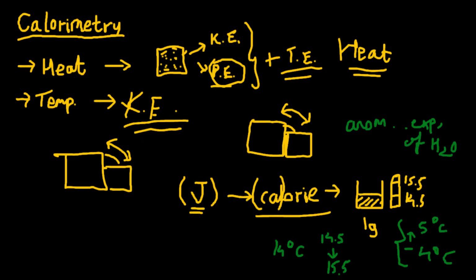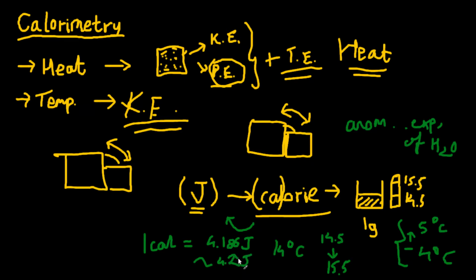Now, the relation between 1 calorie and 1 joule is that 1 cal is equal to 4.186 joules. So we can round it off to 4.2, and that's what you'll be using throughout the chapter.